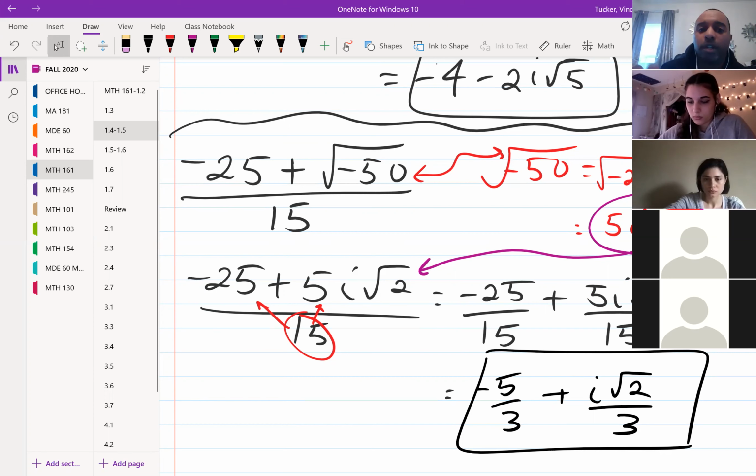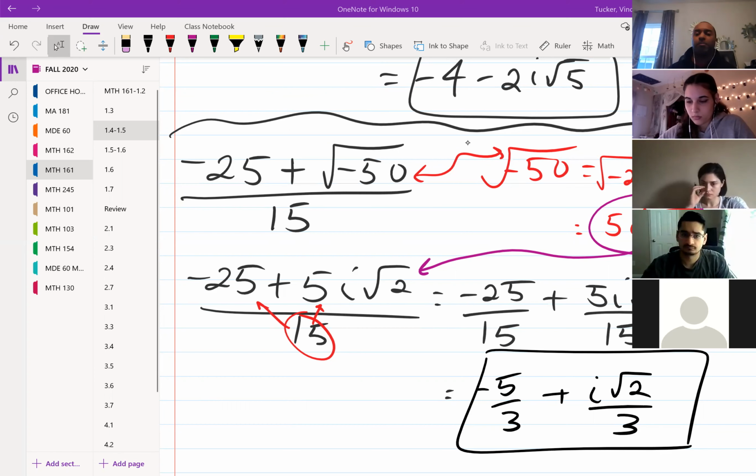Yes, divide by 5 in both cases, and that should reduce for you. They still want you to separate those. Separating doesn't have anything to do with the reducing. When you're dealing with complex numbers, separating has to do with writing it in standard form.